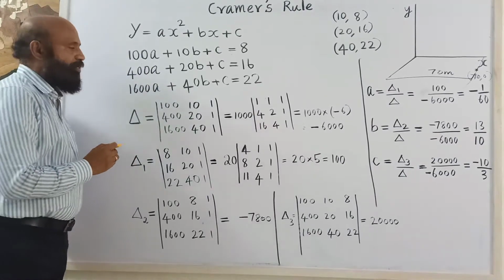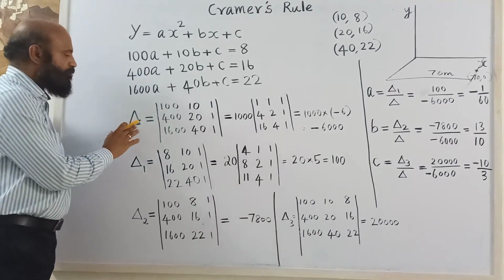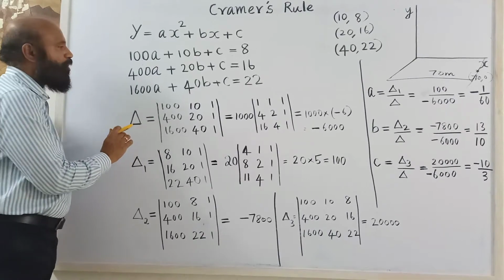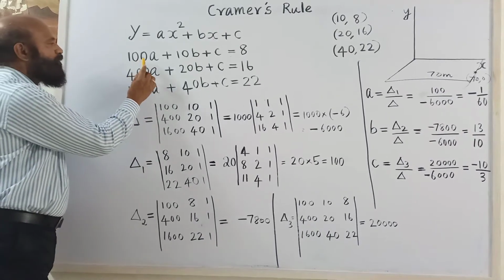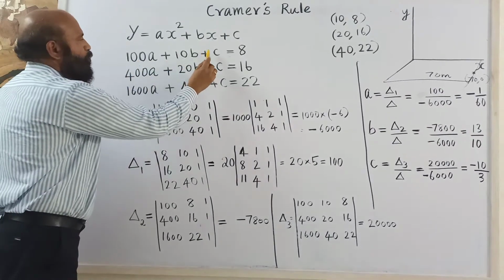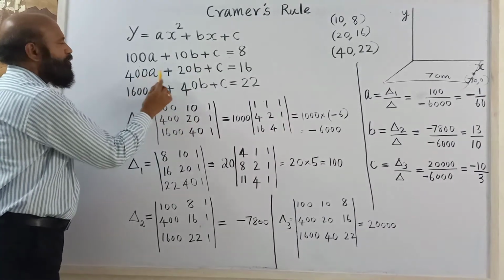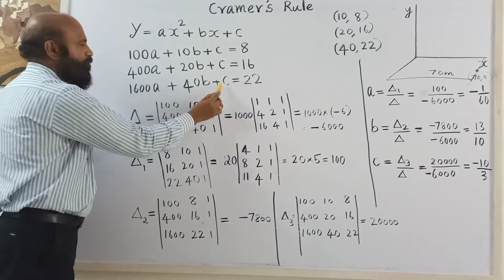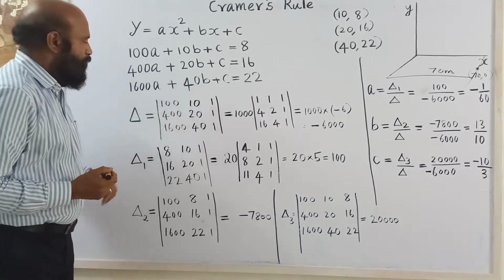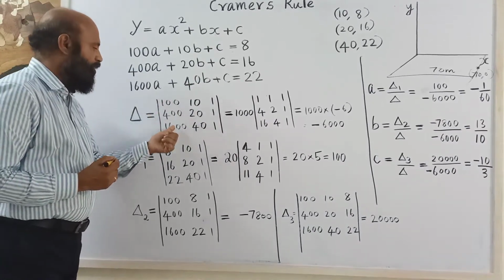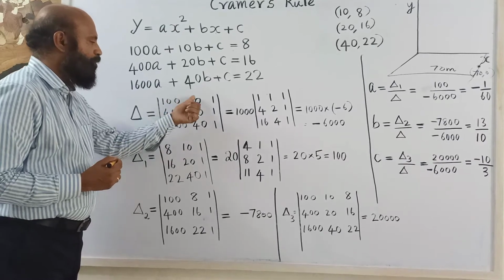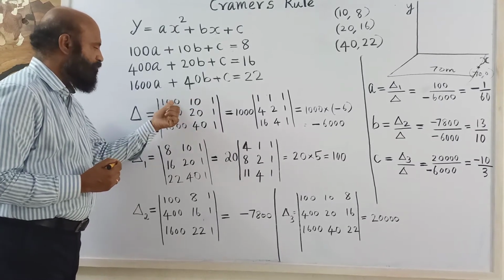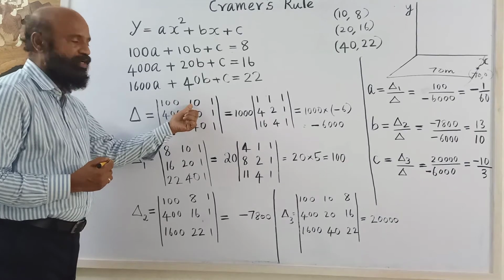Now you can use Cramer's rule. So you find the determinant of the coefficient matrix. The coefficients are 100, 10, 1, 400, 20, 1, 1600, 40, 1. Now in this column 100 is common, in this column 10 is common. So from this you take 100 outside, from this you take 10 outside.